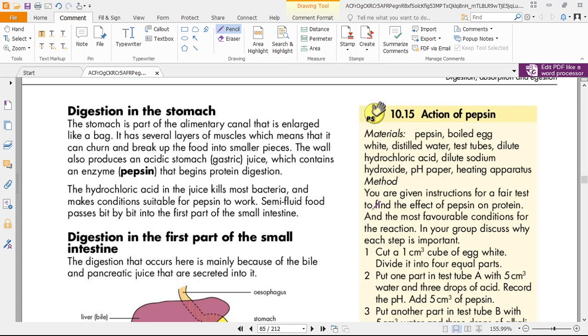that we were speaking about earlier on. Now the wall of the stomach also produces an acidic environment, or what we call acidic stomach juice, gastric juice, which contains an enzyme pepsin, and this enzyme breaks down most of the protein that we take into our body at this level.